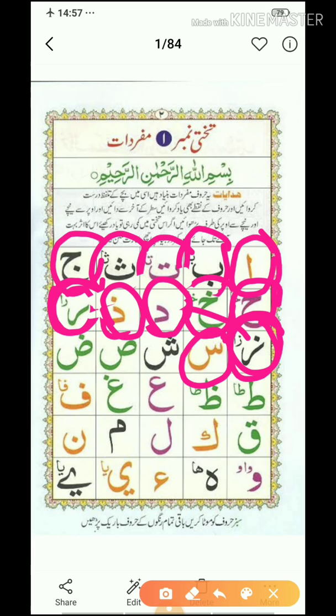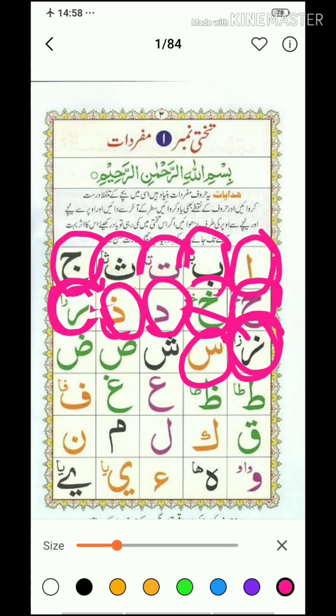The method to pronounce this letter is the way you make a whistle, and when you pronounce this letter, you have to make a whistle sound like Sin. Yeah, same like that.